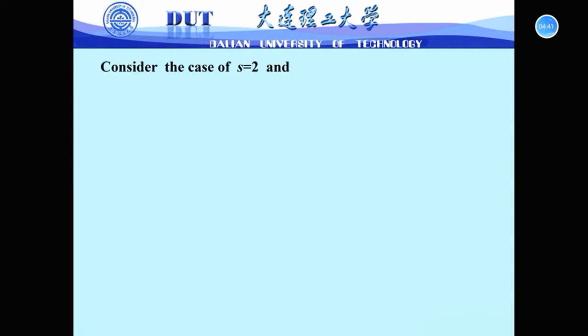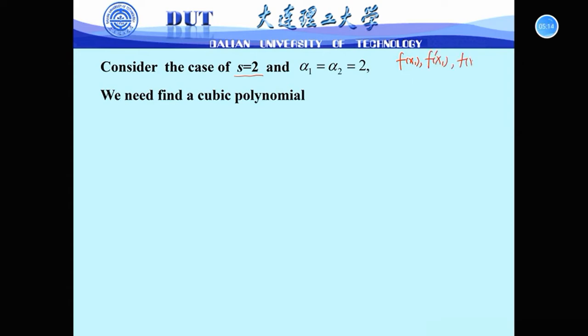So we only consider the case of s equal to 2. That means we only consider two points, and alpha 1 equal to alpha 2 equal to 2. That means we are only given four conditions: f(x1) and f prime (x1), f(x2) and f prime (x2).